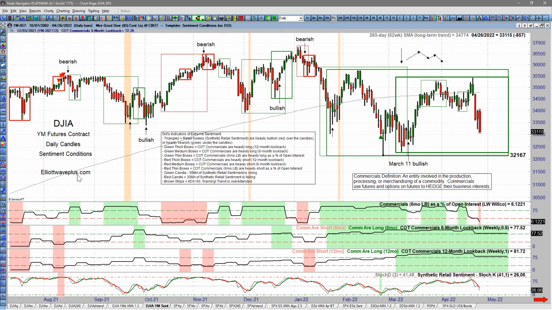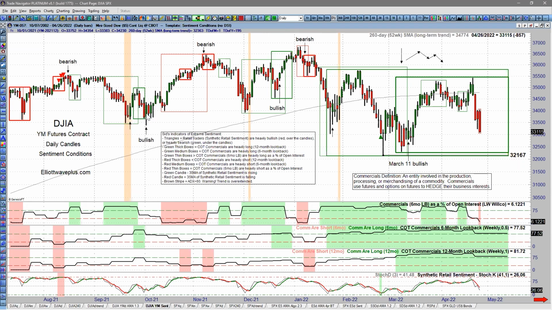Then there were other times where you've got a thin green box and a thicker green box. You also had the ADX showing you that the downtrend was overdone. And then very shortly after all of those showed, you got a green candle. It was a long-wick kind of reversal candle.